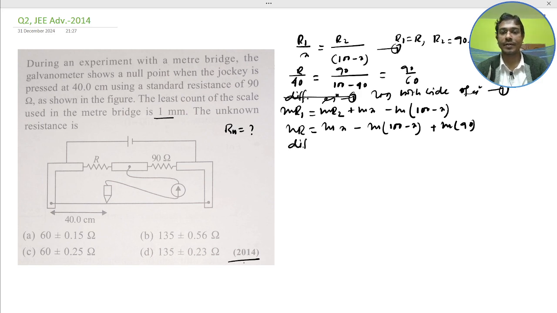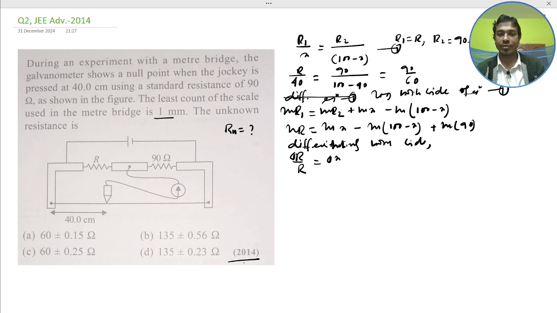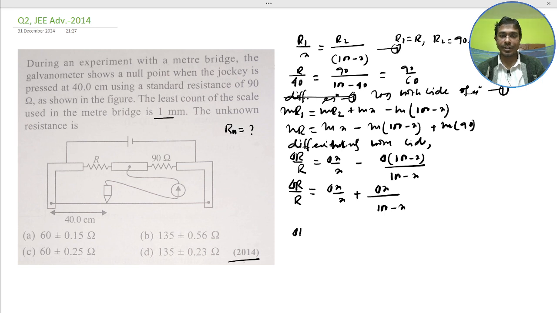Now differentiating both sides, del R by R is equal to del X by X minus del of 100 minus X by 100 minus X. So del R by R is equal to del X by X plus del X divided by 100 minus X. Error is positive only, so you have to take the mod value.